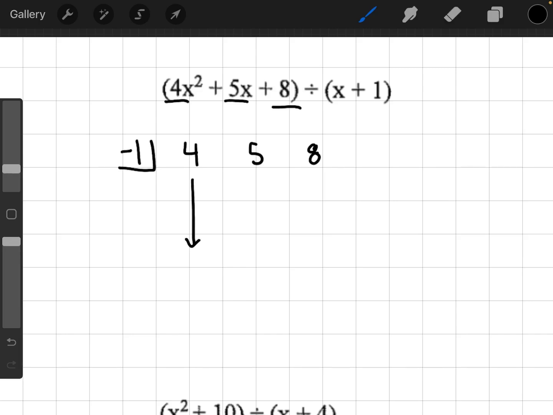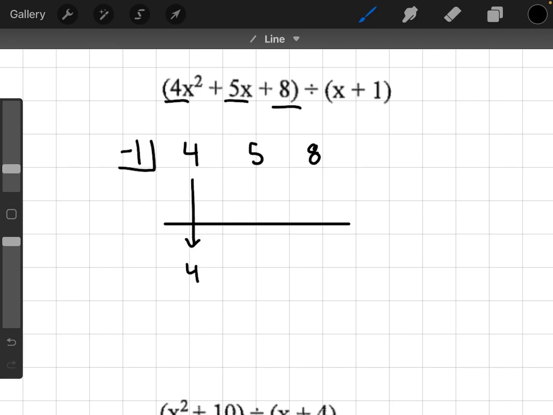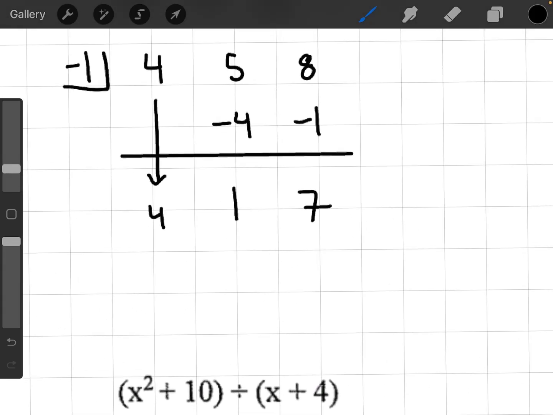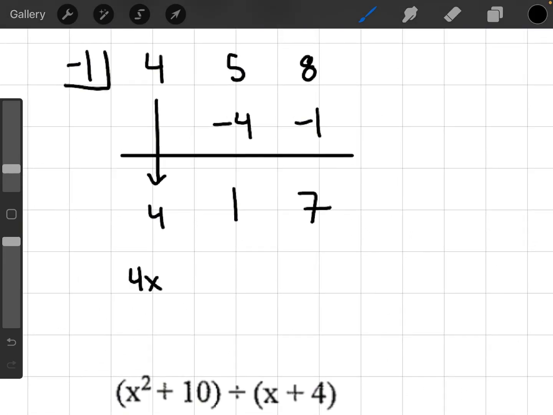We'll bring down the first term, 4, and multiply it by the root. 4 times the root, 4 times negative 1, negative 4. Adding these two together, we get 1. 1 times the root is negative 1. Adding it together, we get 7. 7 is our remainder. So we'll have 4x plus 1 plus 7 over x plus 1.